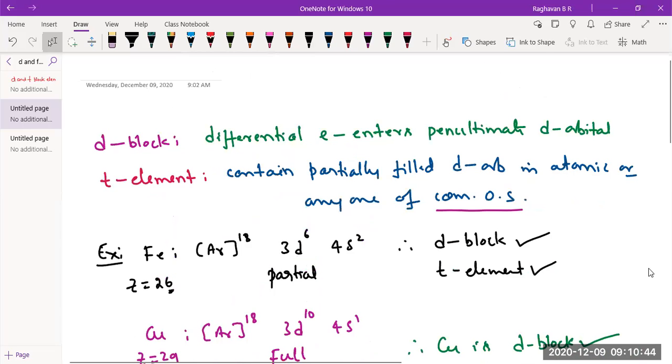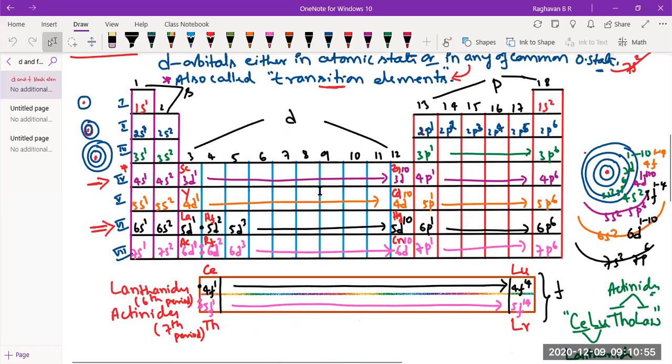What are we doing in this chapter, D and F block elements? We are going to first study general properties of all the D block elements, like atomic size, high ionization energy, and how properties like boiling point, melting point, size, everything varies. Overall, around 13 properties are there which we need to study.